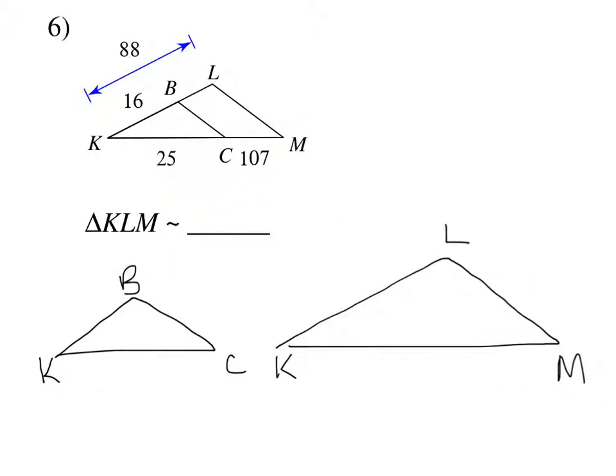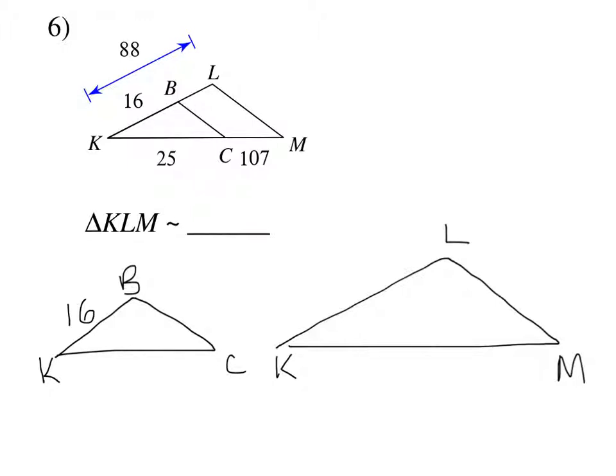So once I do that, you guys, you just need to either add or subtract depending on whether it's an overlap or whether it's a partial piece that's shown. You just have to really reason through that as best you can. So I can see KB is 16.